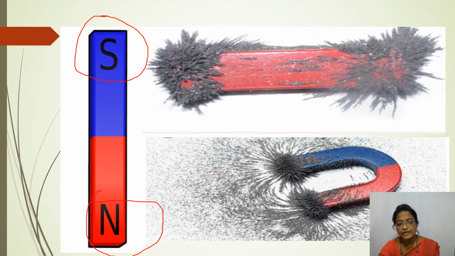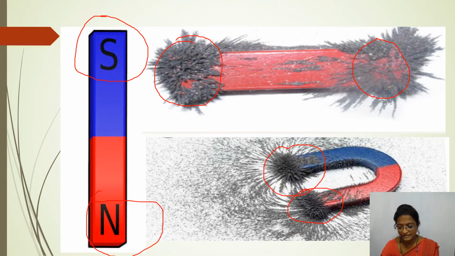We have also learned that iron filings will attract only at the ends of the magnet, that is, to the poles of the magnet. You can see in the horseshoe magnet also how iron filings are attracted to the poles of a magnet, that is, North and South Pole.